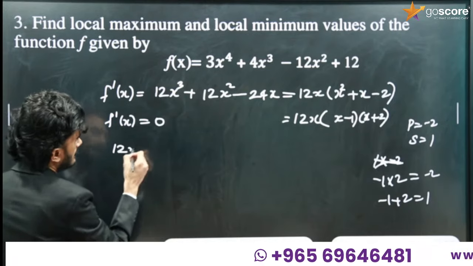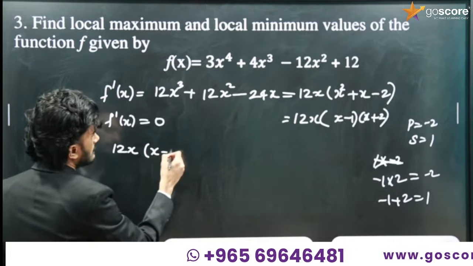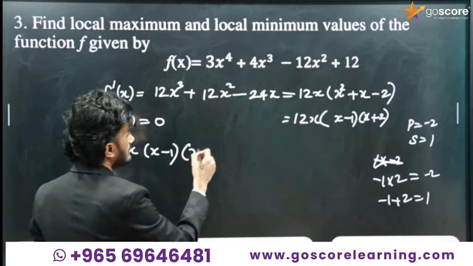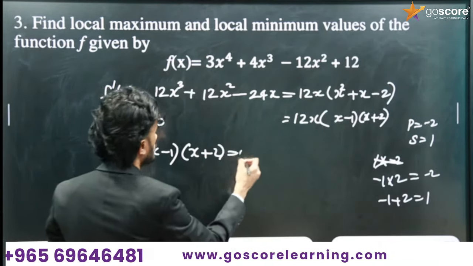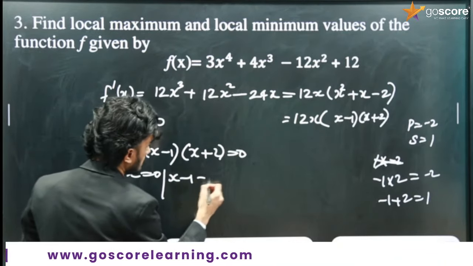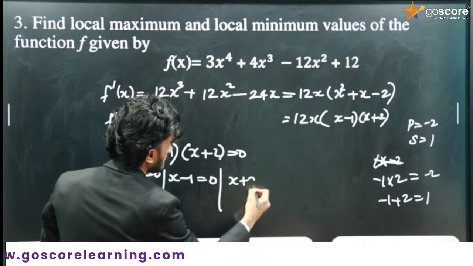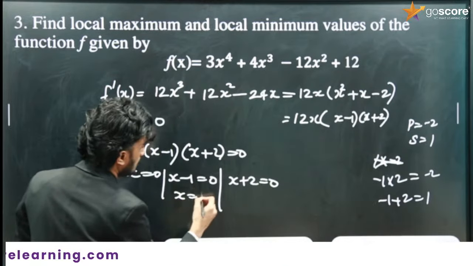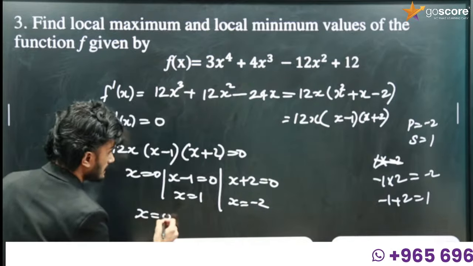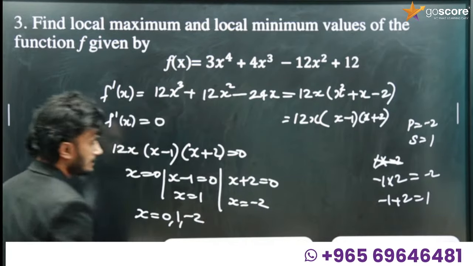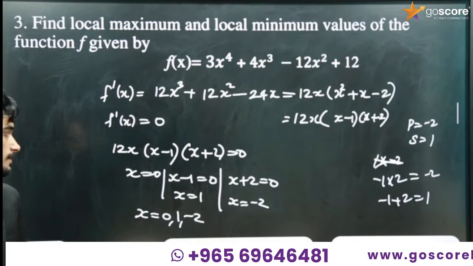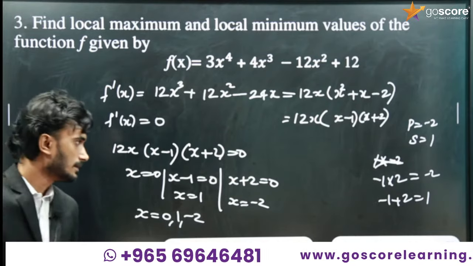That means 12x into x minus 1 into x plus 2 is equal to 0. So x is equal to 0, x is equal to 1, x is equal to minus 2. So these are the values: x is equal to 0, 1, minus 2.